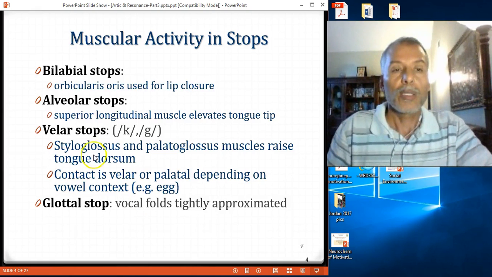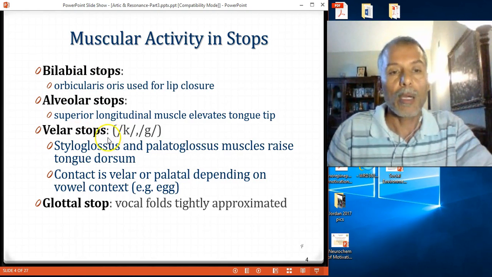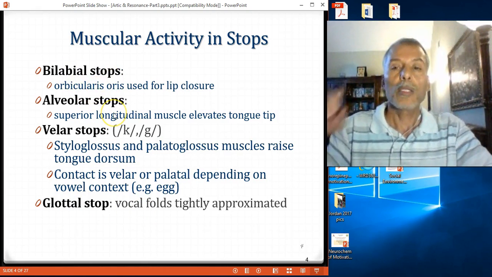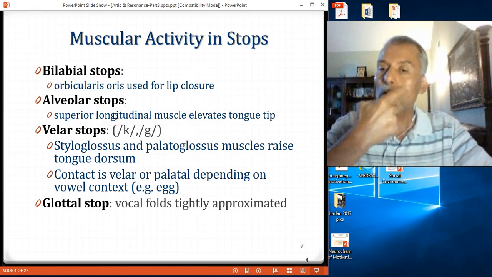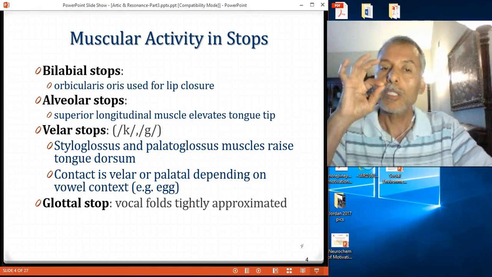So these are the stops we described, the two at the lips, p and b, and alveolars t and d, and velars k and g, and then the glottal stop. So for the bilabial stops you require the orbicularis oris to produce them. Two lips come together, are constricted and close.